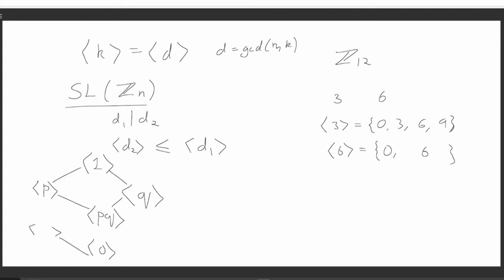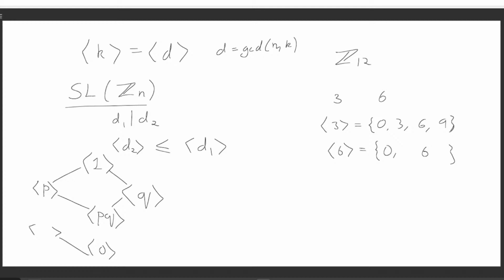What will you get here? What will be the subgroup which is minimal? This is called a minimal subgroup. These are called maximal subgroups. What are the minimal subgroups? That means they are non-trivial subgroups without any proper non-trivial subgroups. So what will that be?